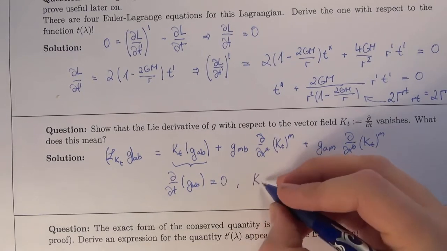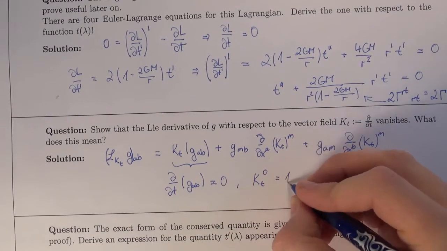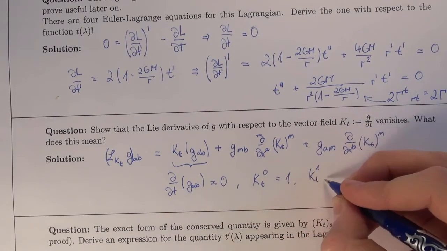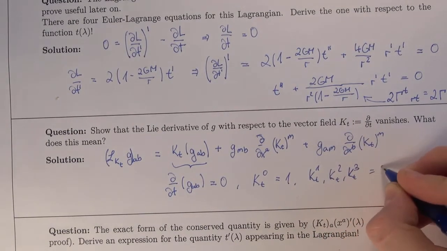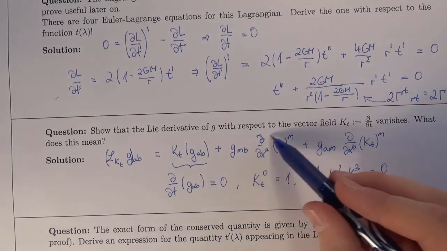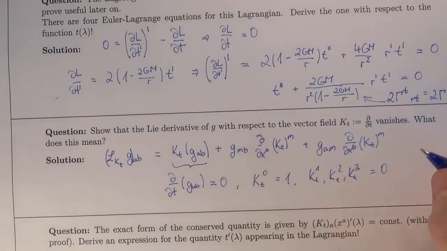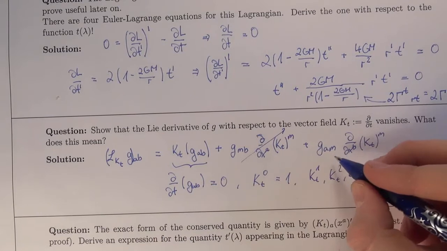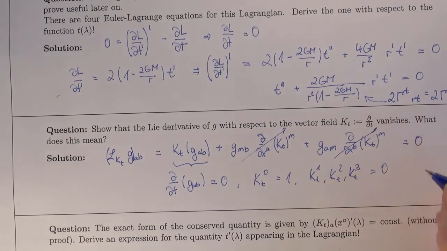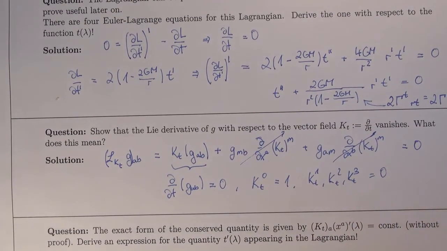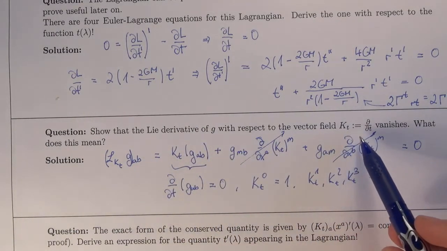And we also know that the components k_t^0 is 1, while k_t^1, 2 and 3 are all 0. So what we do here is derive a constant, which certainly gives 0, so this term goes out, this term goes out as well, so all this is 0. So we showed that the Lie derivative of g with respect to the vector field k_t vanishes.